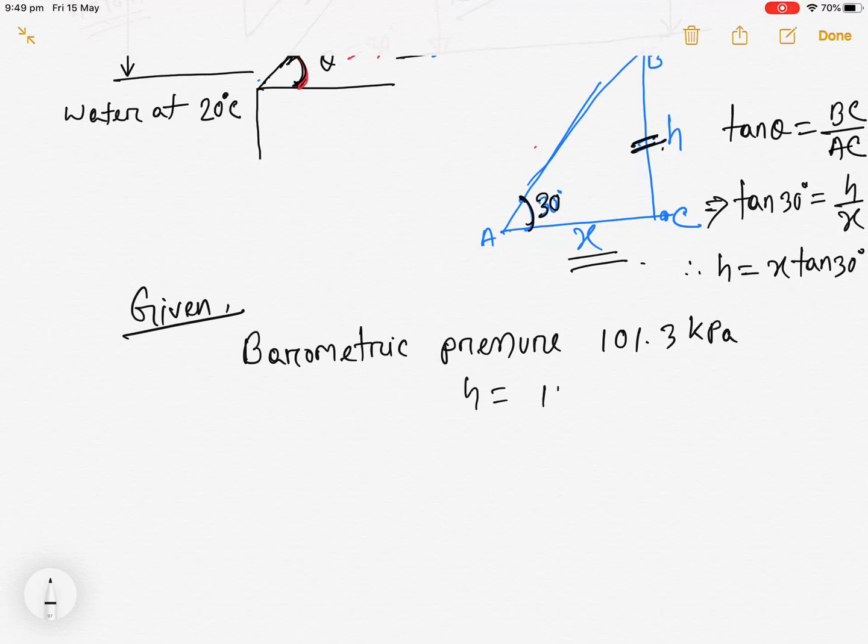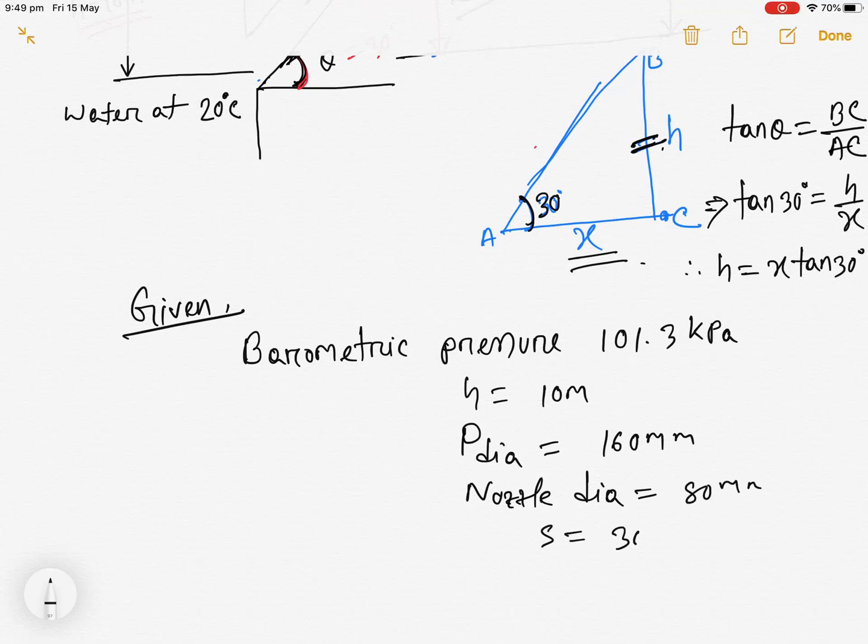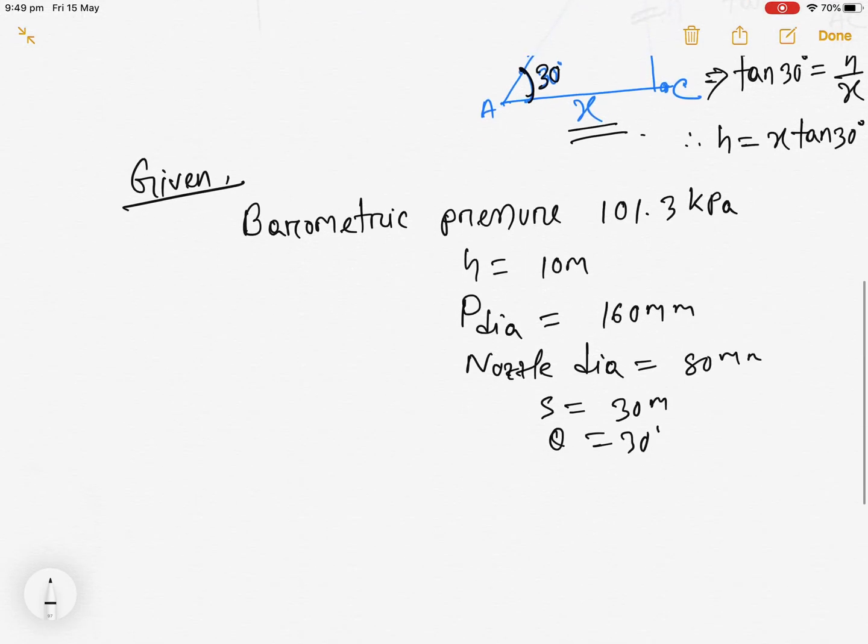Okay, so this is given, and the height is given 10 meters. All right, so the pipe diameter is given 160 millimeters, and the nozzle diameter is given 80 millimeters. The S, that height for the nozzle section, is 30 meters, and theta is 30 degrees.